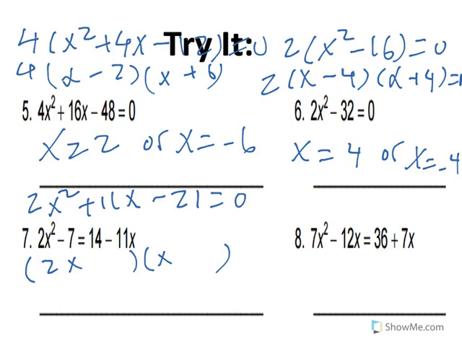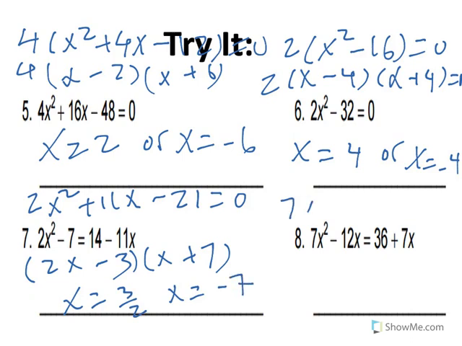So let's try a positive 7 and a negative 3. Then x equals 3 over 2 and x equals negative 7.